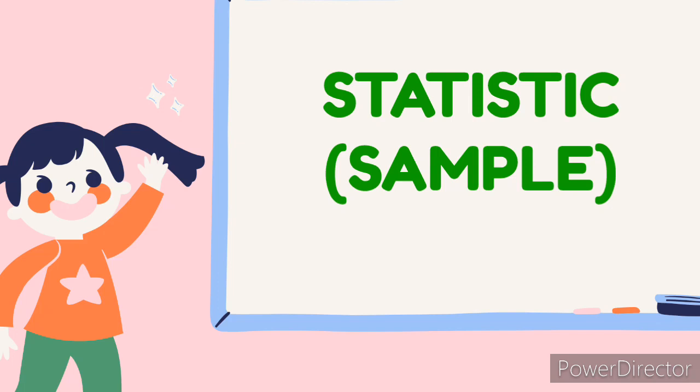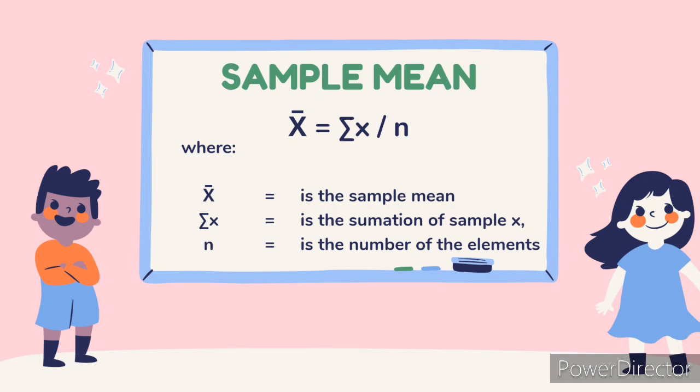For statistic, we get the sample. Statistics are numbers that summarize data from a sample, some subset of the entire population. We use this formula to get the sample mean. Sample mean is equals to the summation of sample x over n, which is the number of elements.